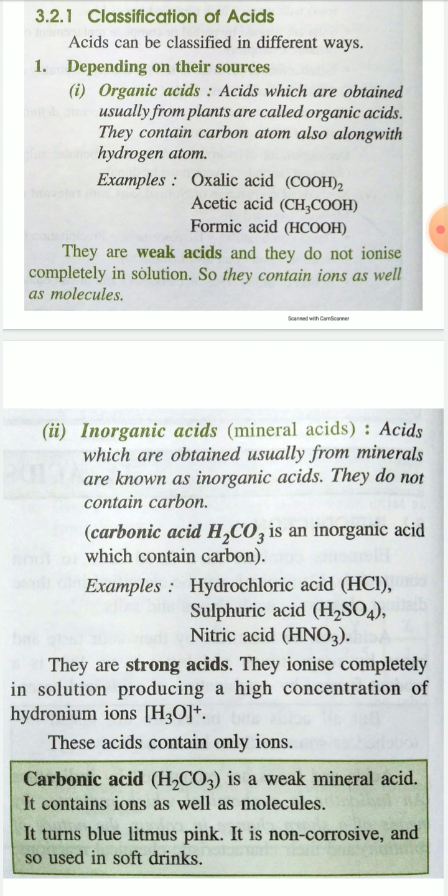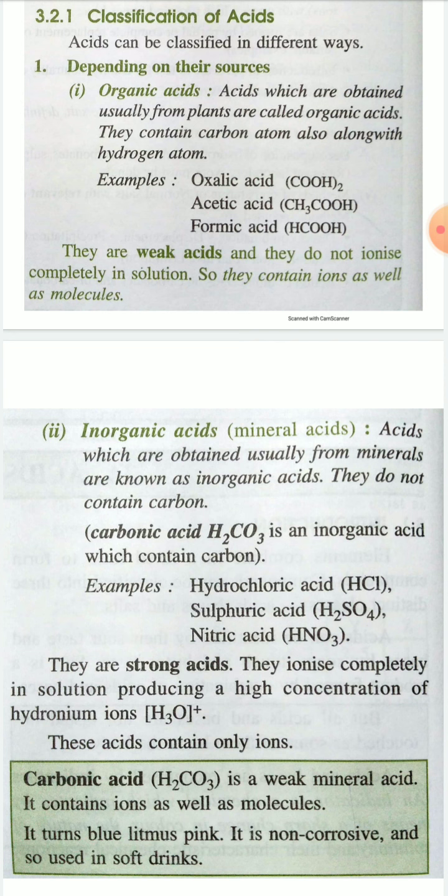Generally, organic acids are weak acids because they do not ionize completely, but inorganic acids are strong acids because they ionize completely in the solution, producing a high concentration of hydronium ion, or you can also say H+ ion.